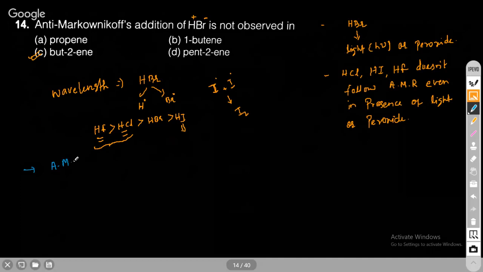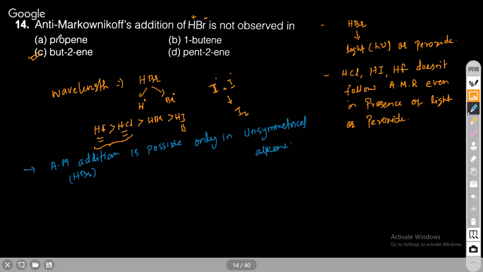Anti-Markovnikov addition is possible only in unsymmetrical alkenes.